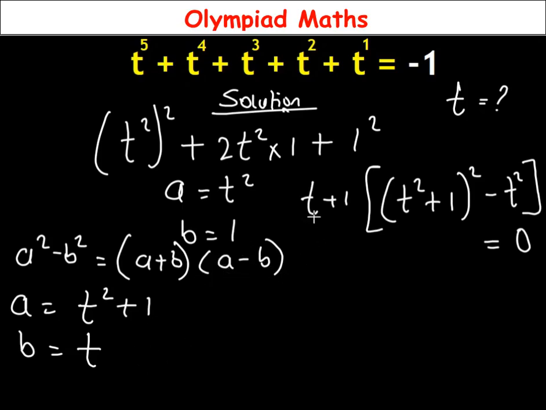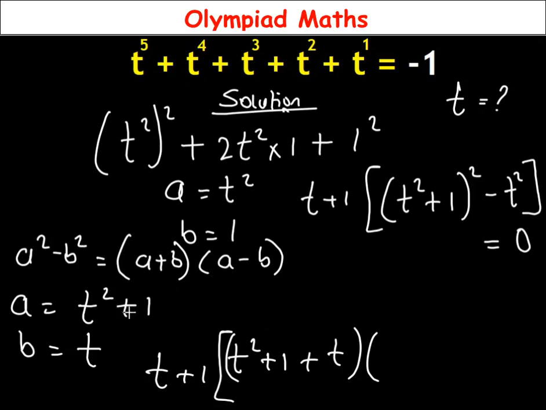So we have t plus 1, then multiplied by our a, which is t squared plus 1, then plus b, which is t, then this multiplied by a, which is t squared plus 1, then minus b, which is t, with this all equal to 0.